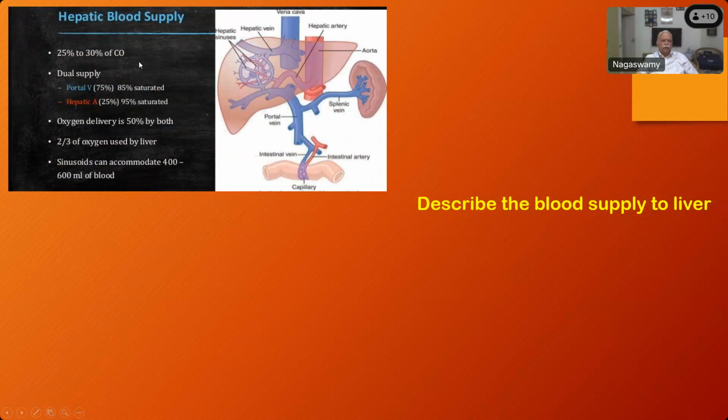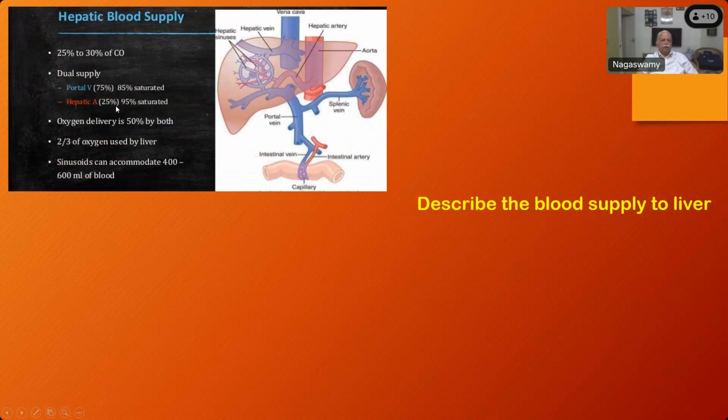The liver receives about 25 to 30% of cardiac output, which means about 1500 ml of blood comes to the liver per minute. It has a dual supply, where the portal vein gives about 75% of the blood supply and it is 85% saturated with oxygen.